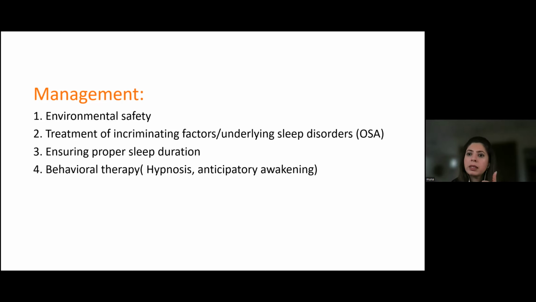So environmental safety, key thing. I would say everybody, regardless of the type of parasomnia, making sure that their environment is safe. That could include making sure that the doors are properly locked, the windows are properly curtained and secured, and even for sleepwalkers, having a motion sensor alarm, because they can sometimes unlock the door as a result of their automatic behavior.